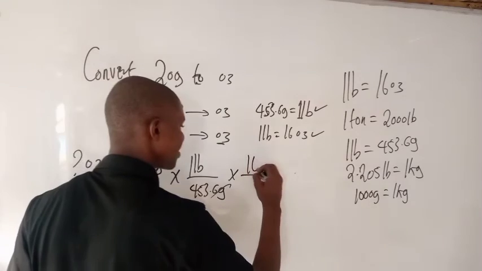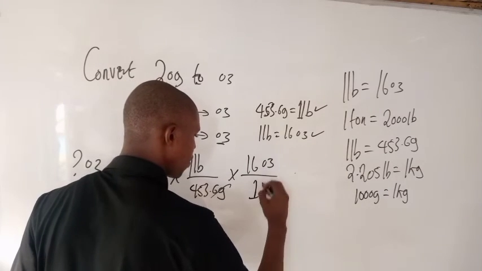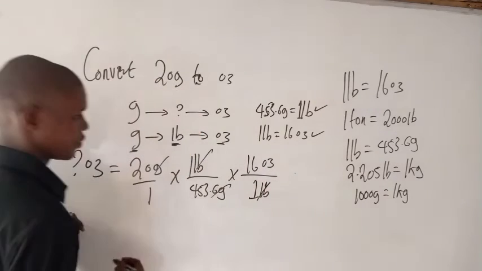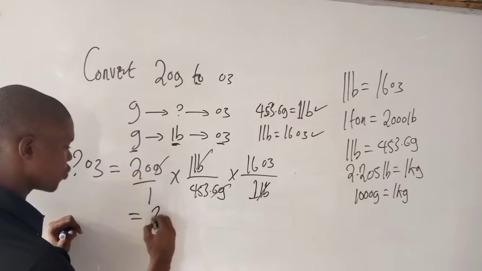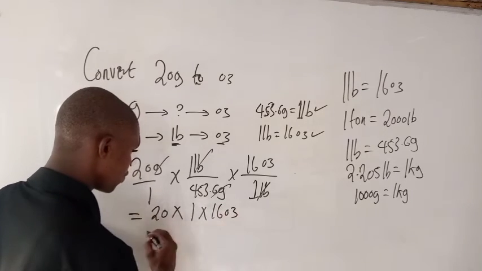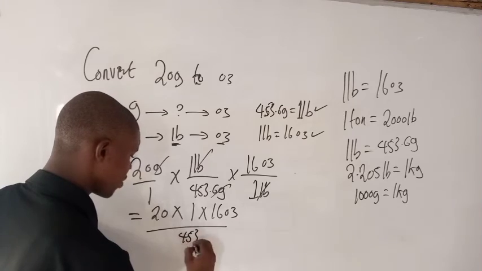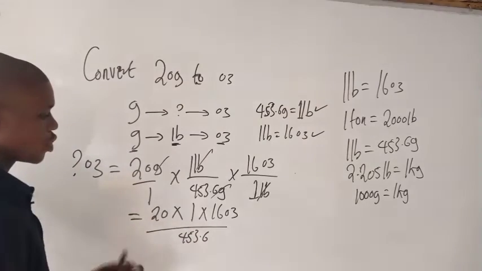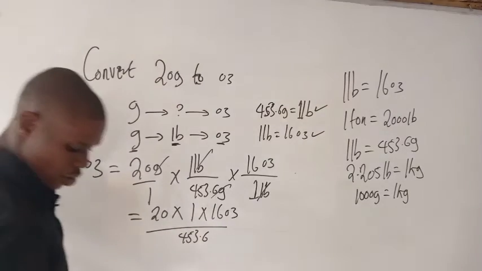So here we have 16 ounce, here we have 1 pound, so this and this will go out. So what we have here is 20 times 1 times 16 ounce over 453.6. So what you have to do is punch your calculator and get your answer.